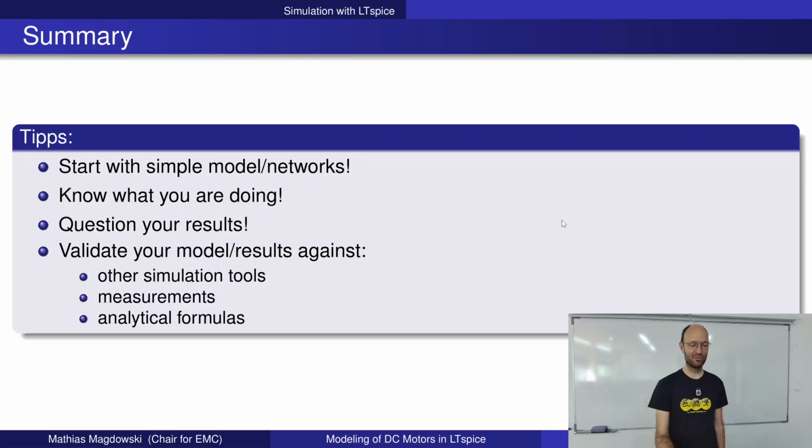Know what you're doing, question your results, and try to validate your models and results against other tools, for example against measurements, analytical formulas, or other simulation tools. I know that you're using MATLAB Simulink, which is, from my point of view, pretty nice for control systems.